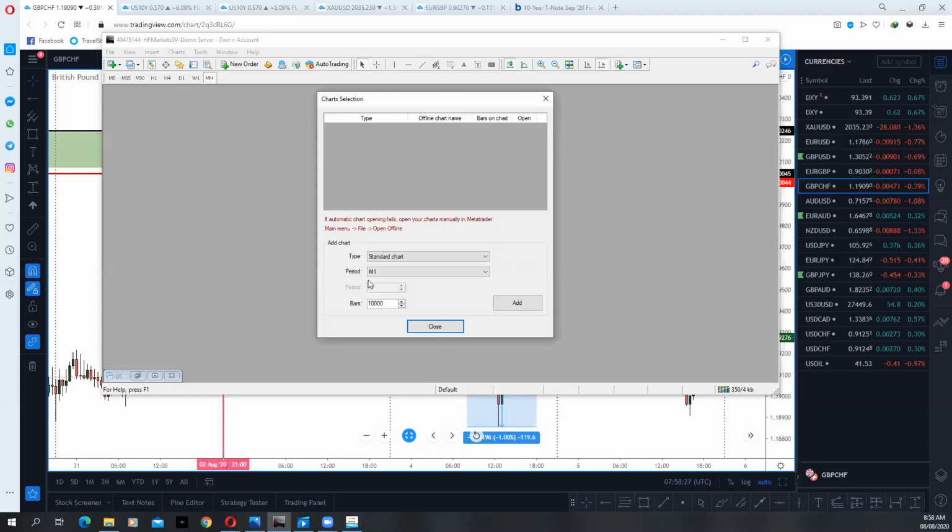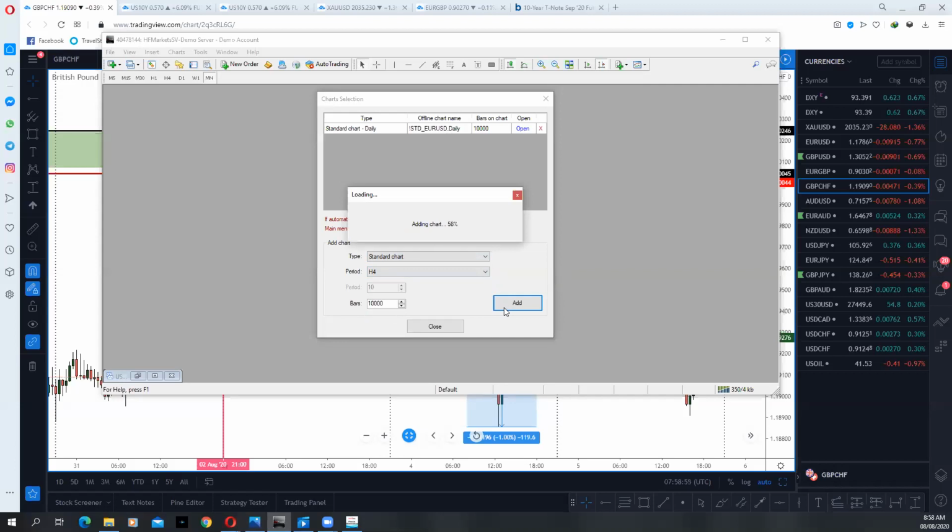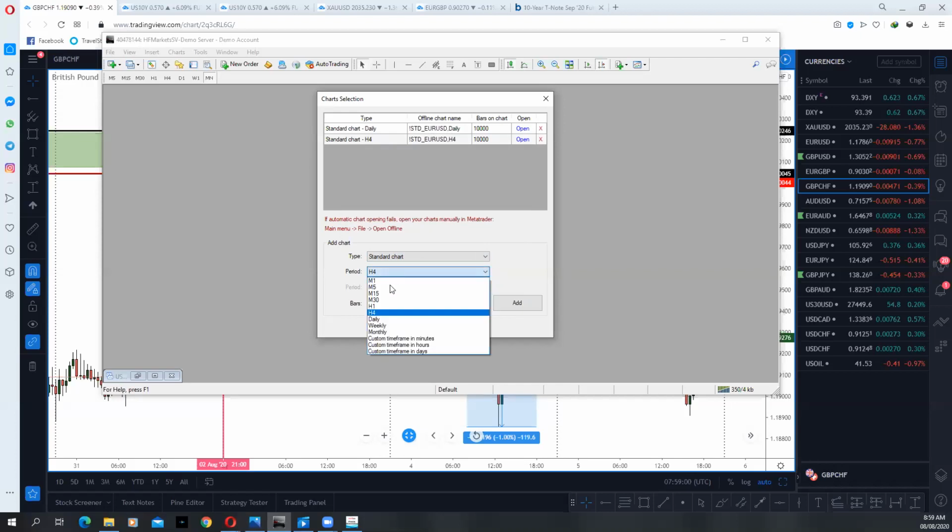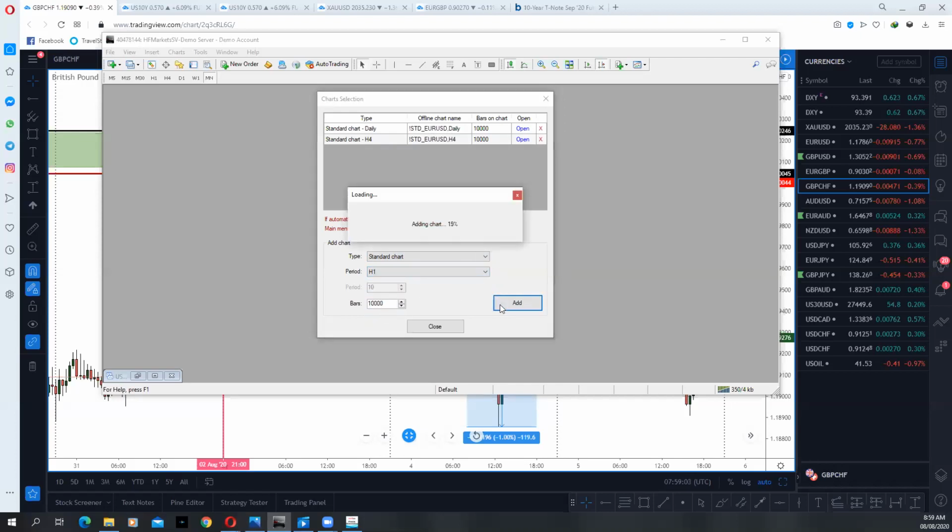When you go to chart, period, you have tick chart, you have Renko, you have range chart, and then you have standard chart. Then you could say, okay, you want to use daily. You click add. You give it some time. It goes up there. You go to 4 hour, you click add. It goes up in there. And you go to 1 hour, you click add.